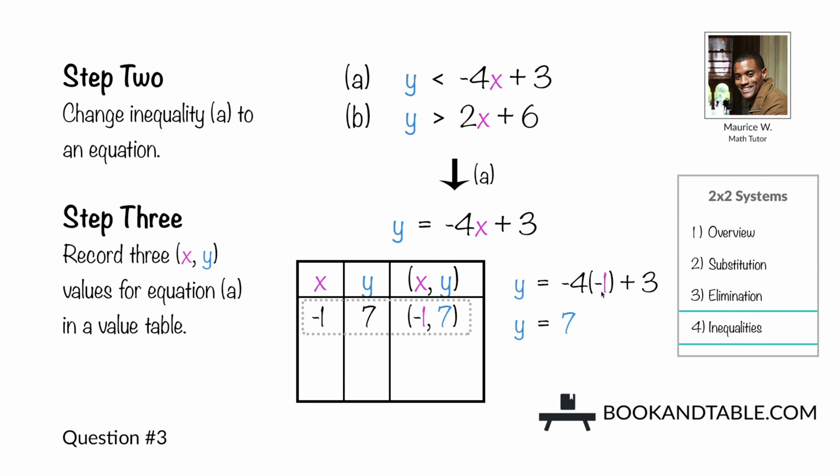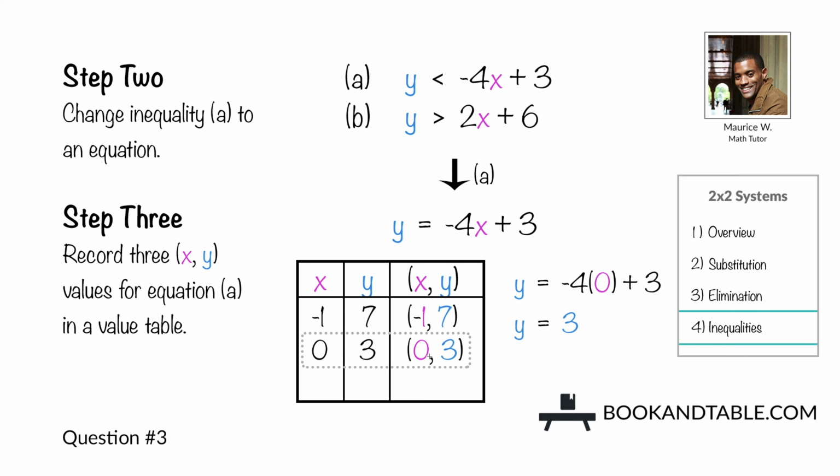So when x is negative 1, y is negative 4 times negative 1, which is positive 4. 4 plus 3 is equal to 7. So when x is negative 1, y is 7. We then plug in 0 for x, giving us negative 4 times 0, which is 0. 0 plus 3 is equal to 3.